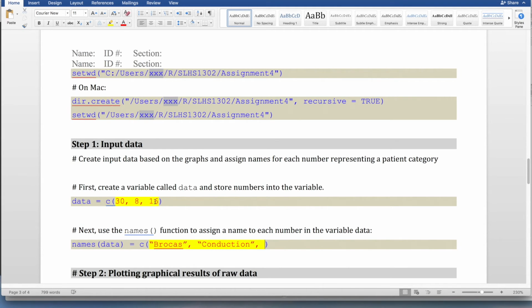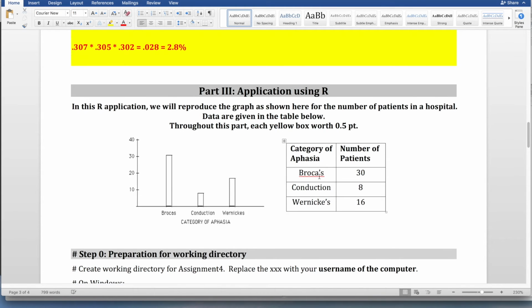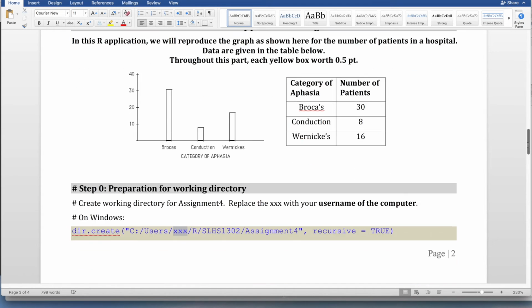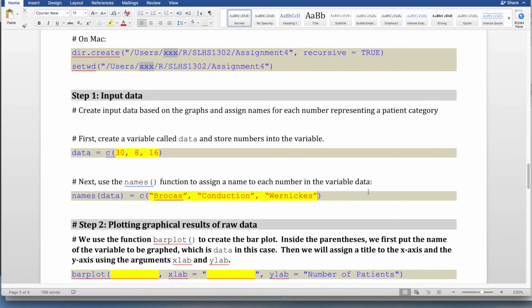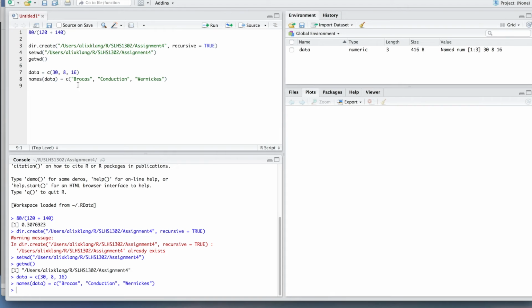And then the name that goes with the value of 16 is Wernicke's. As I said before, you can find this information up here. So we have the 30 for Broca's, 8 for conduction, and 16 for Wernicke's. Then you'll copy this code line, paste it into R, and run it. Now these names have been assigned to those values.